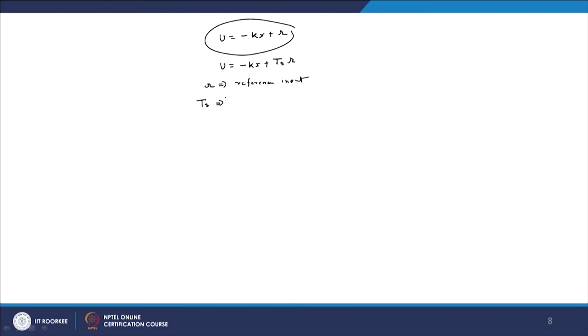That means the Ts we have to design in such a manner that the error is 0.